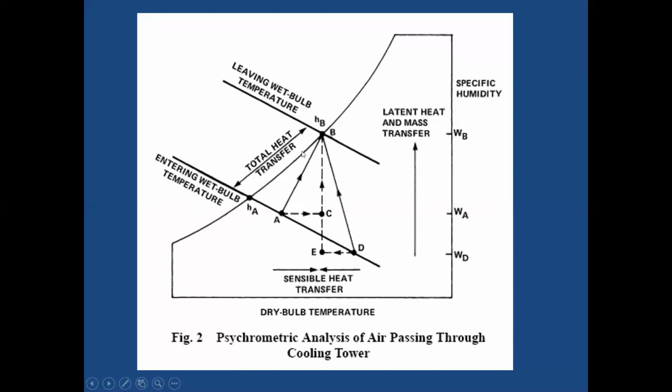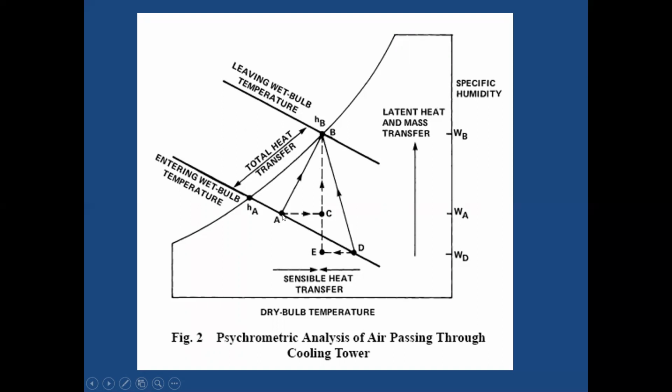Now, B is the common point where the air gets saturated, and this is the exit point, that is the temperature at which air leaves the cooling tower.